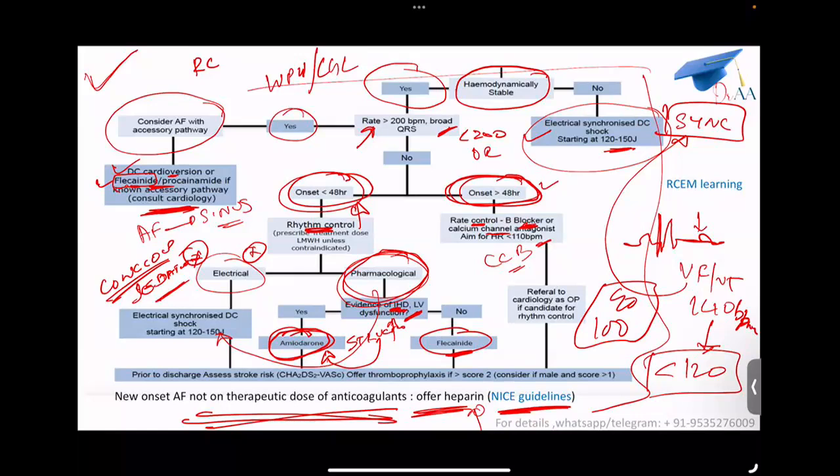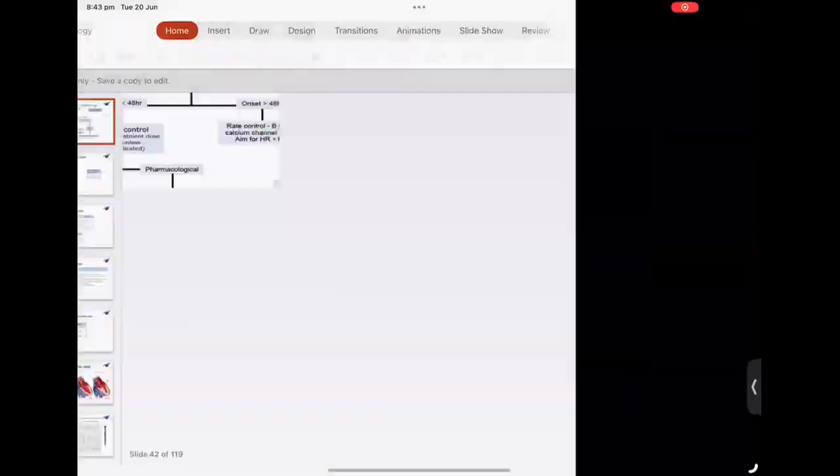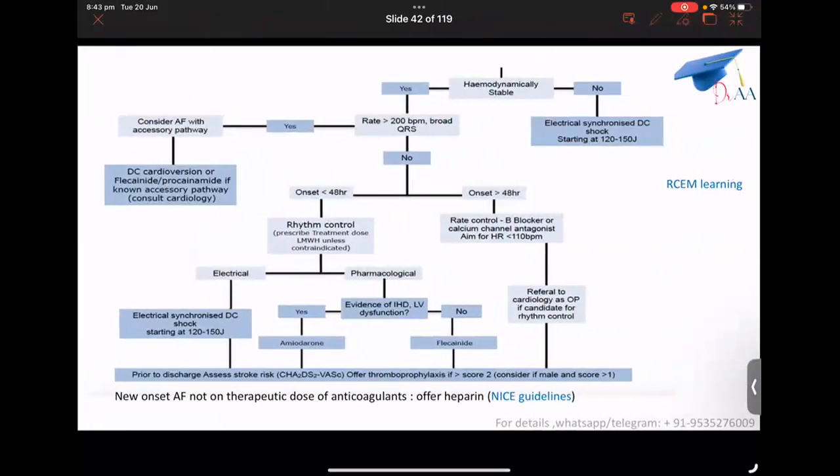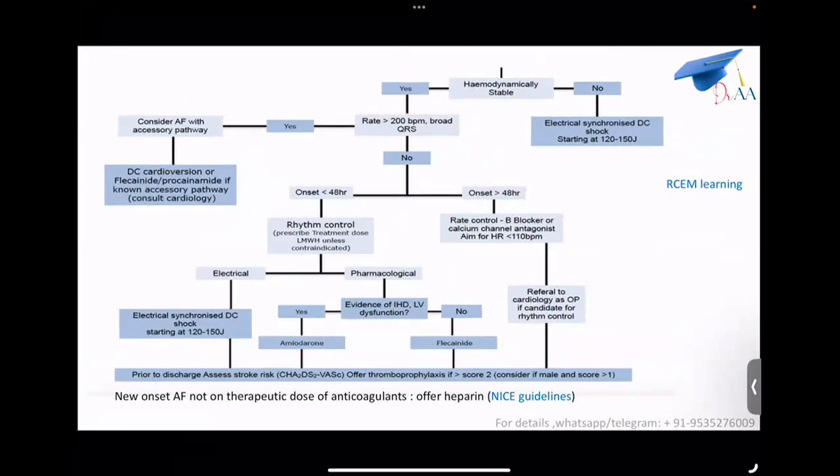Okay, that means if the patient has heart failure, we cannot use flecainide? Yes. In most other countries, they don't differentiate; like a blanket, they use amiodarone and give it to every patient who comes. That's another kind of practice, but this is the right way to practice, because flecainide is much better for pharmacological cardioversion.